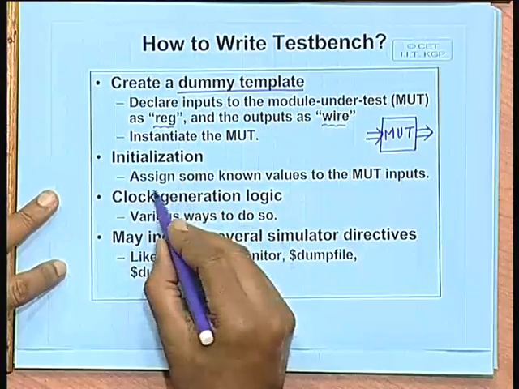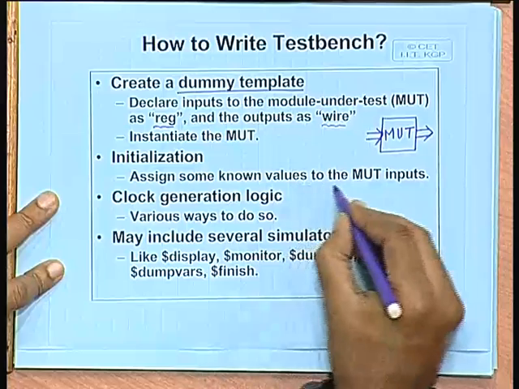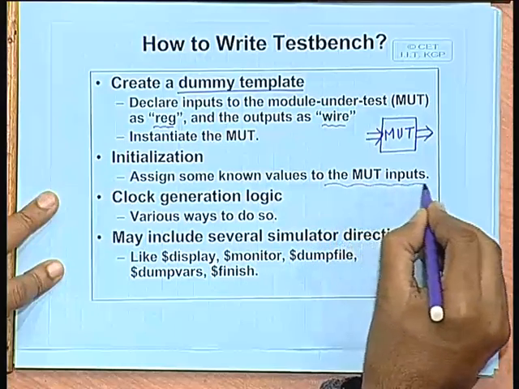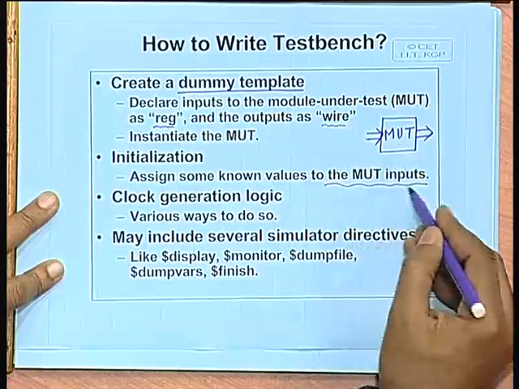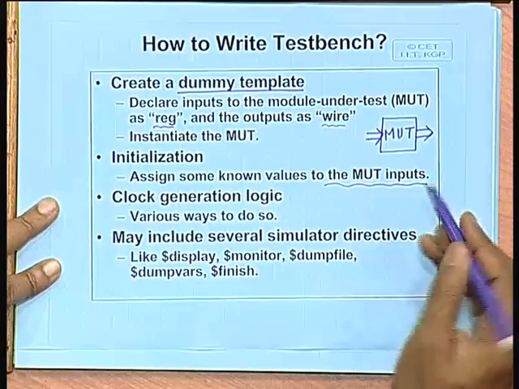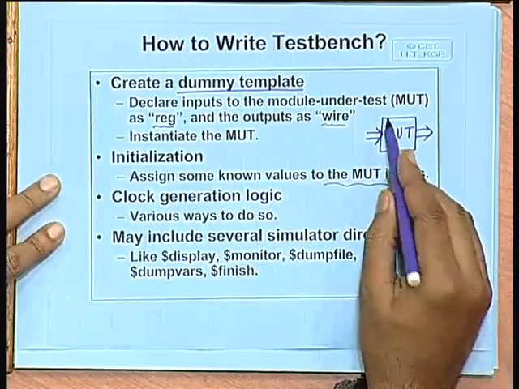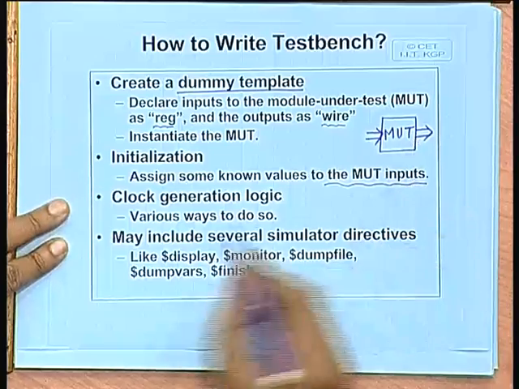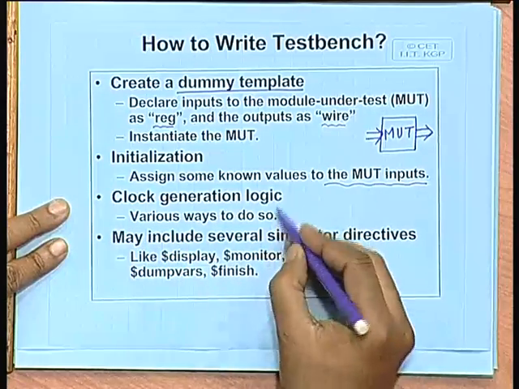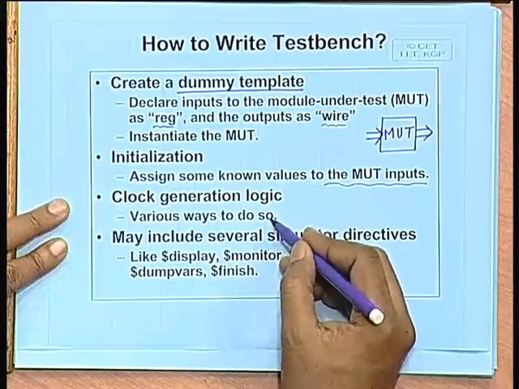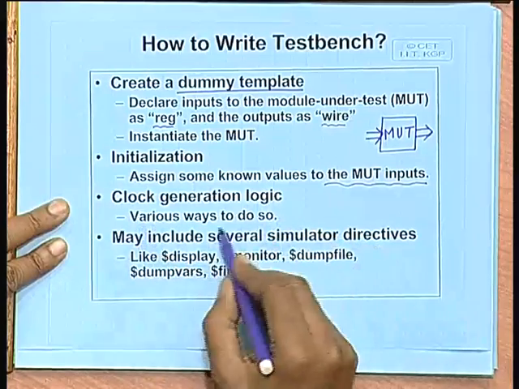Now in the initialization, you will have to assign some known values to some of the MUT inputs. Depending on what kind of MUT you are designing, there can be some reset signal, some clear signal, so on. And if your MUT has a clock, you will also have to specify what is the frequency of the clock, what is the duty cycle, all these things you have to specify. There are ways of doing it, we will see how. So clock generation logic.